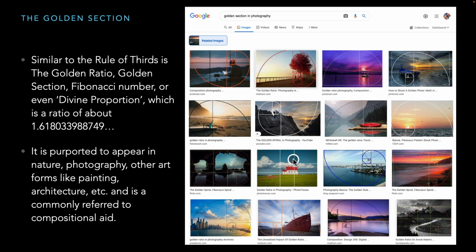Think about how photography is different than painting, for example. I mentioned painting down here, right? With photography, a lot of times you don't have control over what is in front of the camera. You do sometimes if you set up the shot. But if you're doing a landscape, I'm not going to move this mountain, right? I can move myself, but you have some limitations as far as what is in front of the camera.